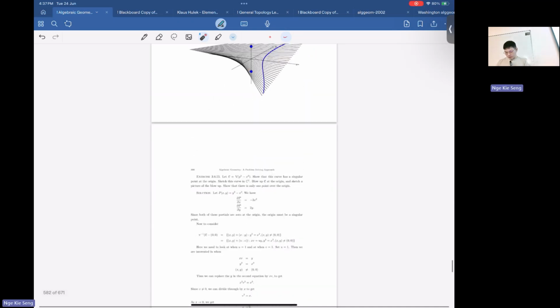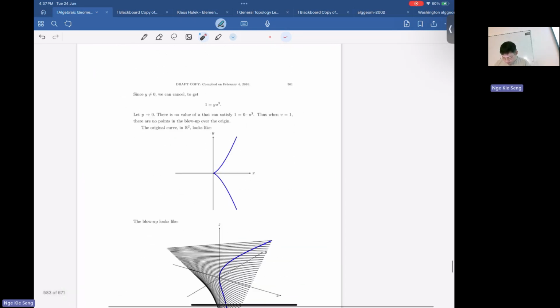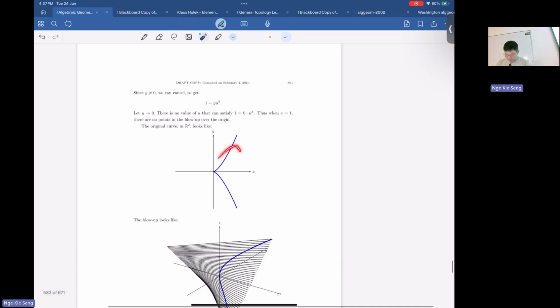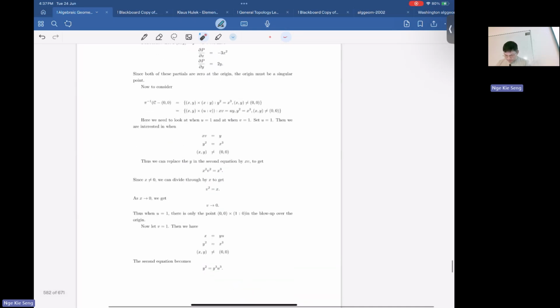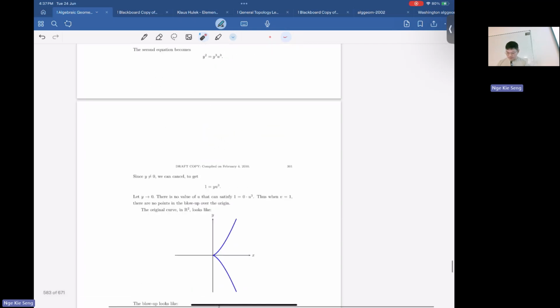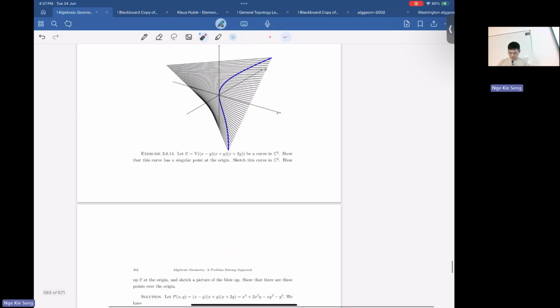Then you have a different blow up here: y squared minus x cubed. Remember last time we had a parameterization of t cubed, t squared. This curve here, you can also blow it up.